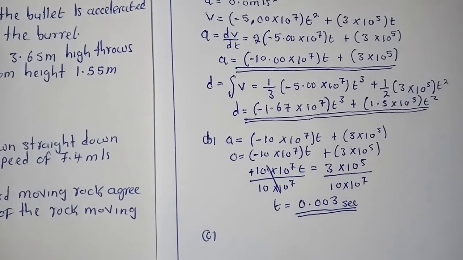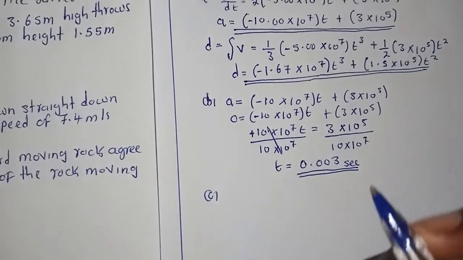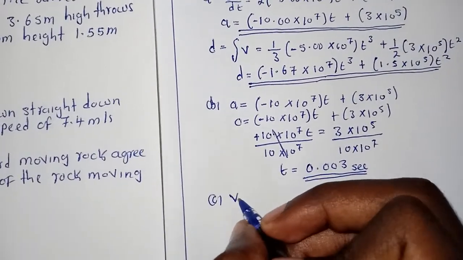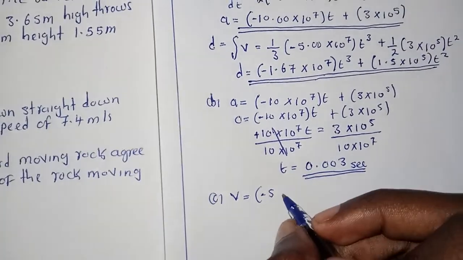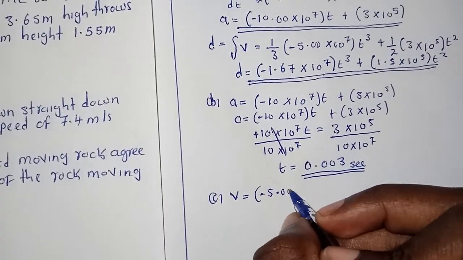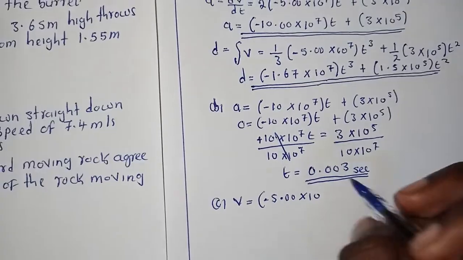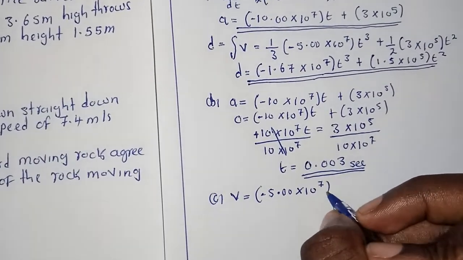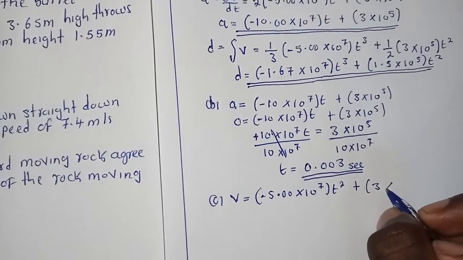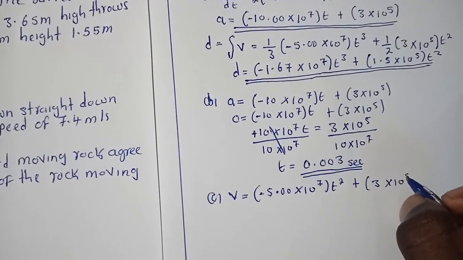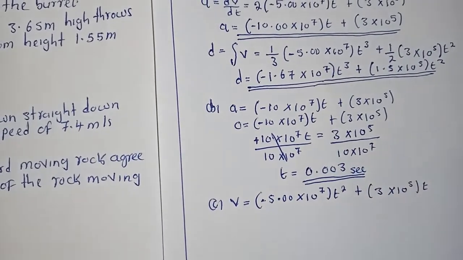If we write this one out, of course, it's going to be V equal to negative 5.0 multiplied by 10 to the power 7 t squared plus 3 multiplied by 10 to the power 5 t.